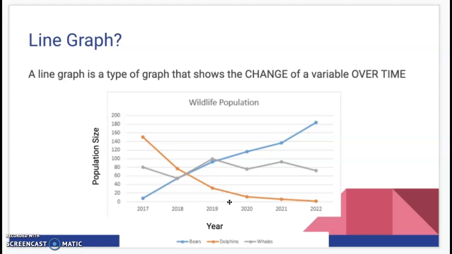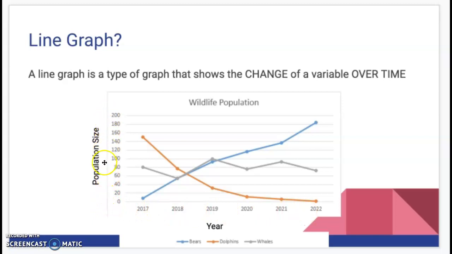So an independent variable is an experimental variable that is affected by change. Most often, an independent variable is going to be time. So in this case, we have the year, which is changing from 2017 all the way up to 2022.